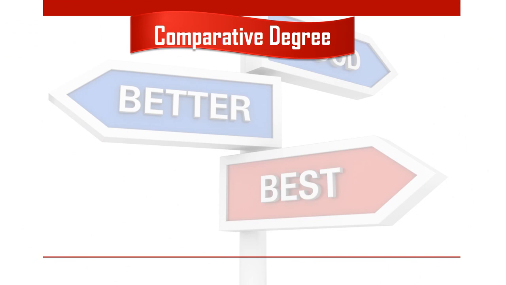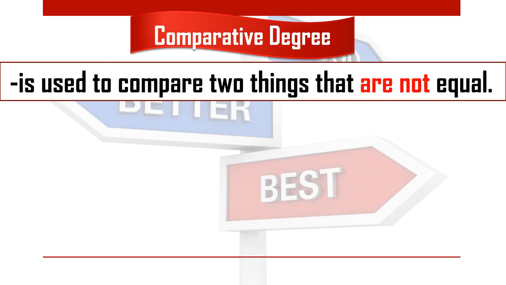So let's read some more sentences about comparative degree. As I said, comparative degree is used to compare two things that are not equal. Sarah's teddy bear is big and Alicia's is bigger than that. So the size is not equal, not the same.